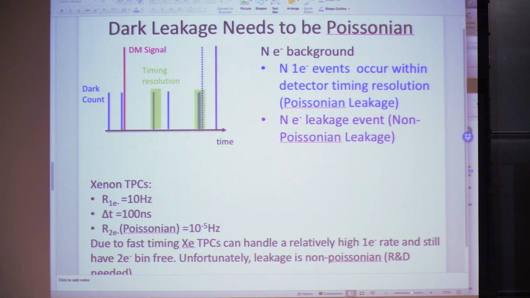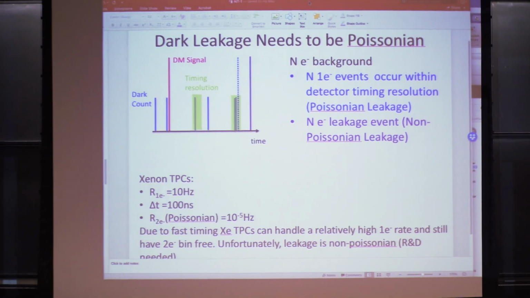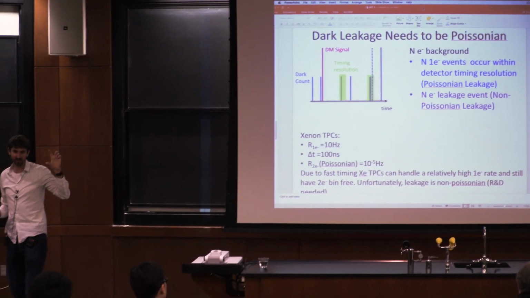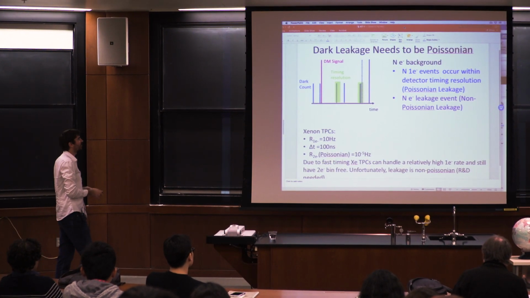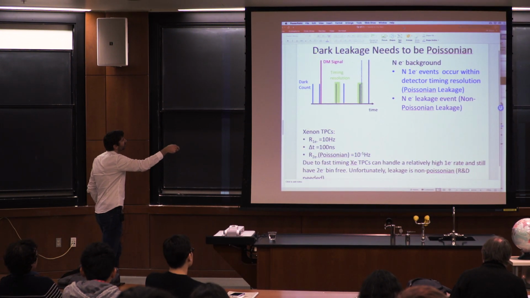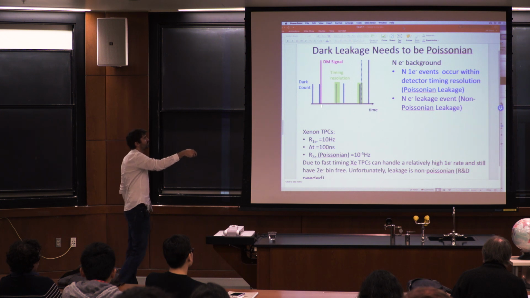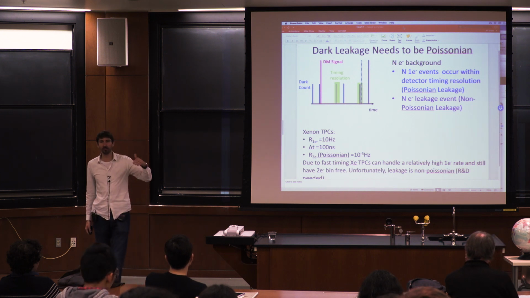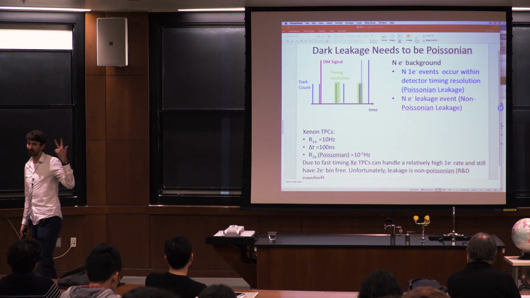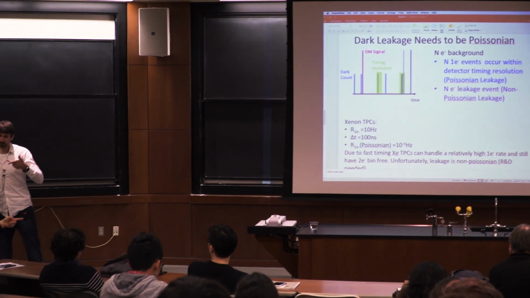So you're like, that's going to hurt my single electron band, but my 2 electron region of interest, my signal, should still be OK. If the dark matter particle comes in and gives me an event that produces 2 electrons, I should be able to distinguish that from all the dark counts. So maybe the dark count rate will only kill my 1 electron bin, but not my 2. No, because you said the frequency is crazy, right?